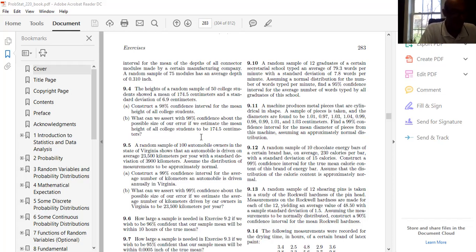So our error will not exceed something, right? If we estimate the mean height of all college students by a point estimate, the possible size of our error should not exceed some number.